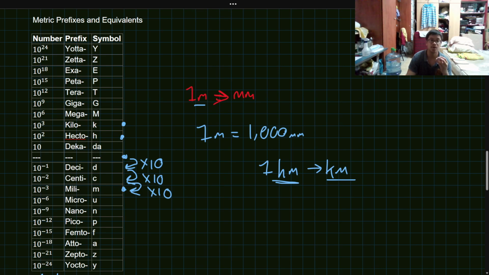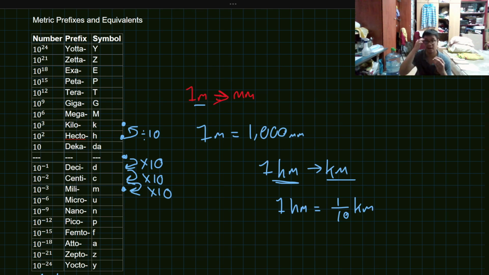So kilometer is above hecto, and you need to go up. But when you go up per row, it's not times 10 anymore, but divided by 10. So we stop right here at kilo, because that is what we're looking for. That means 1 hectometer is equivalent to 1 over 10 kilometers.